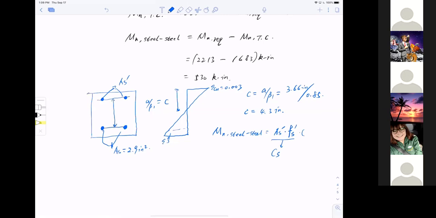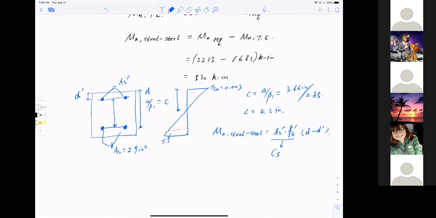Given the concrete cover for the top bar is D prime, and the depth for the bottom bar is D, the distance is basically D minus D prime.